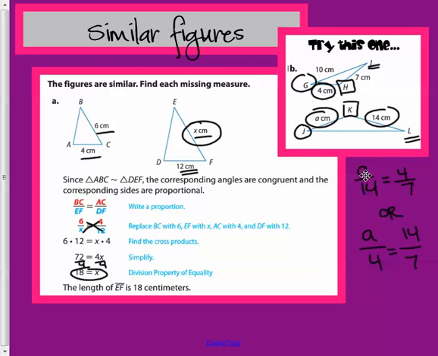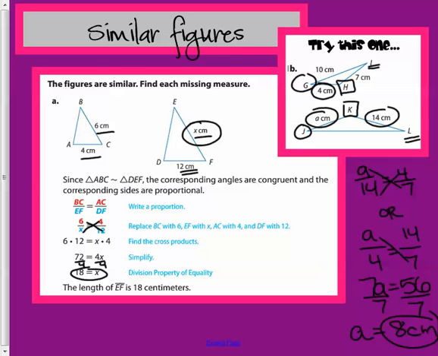Notice how A is with the 4 and with the 14. Or A over 4 equals 14 over 7. It doesn't matter which way, because either way you take A times 7 and get 7A, and 4 times 14 gives you 56, and you divide by 7 and you get A equals 8. So 8 centimeters is your answer.